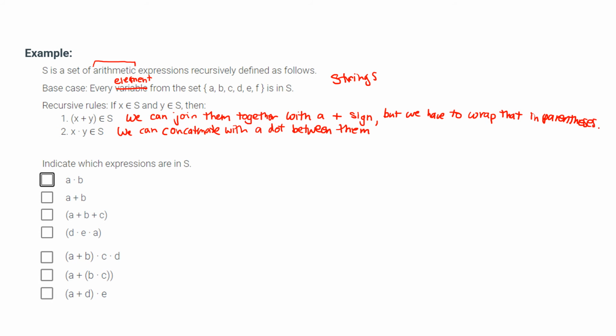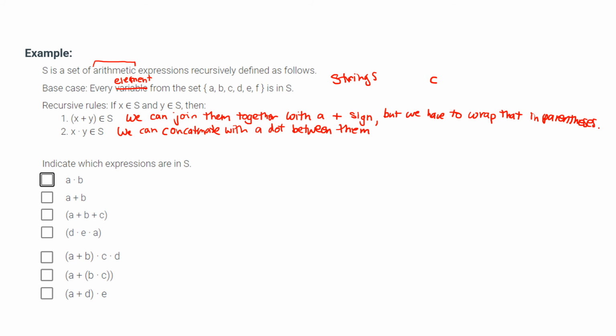Okay? So for instance, let's think of some things that we could do here before going on and answering this question. Let's start with a C. That's in there because of the basis.